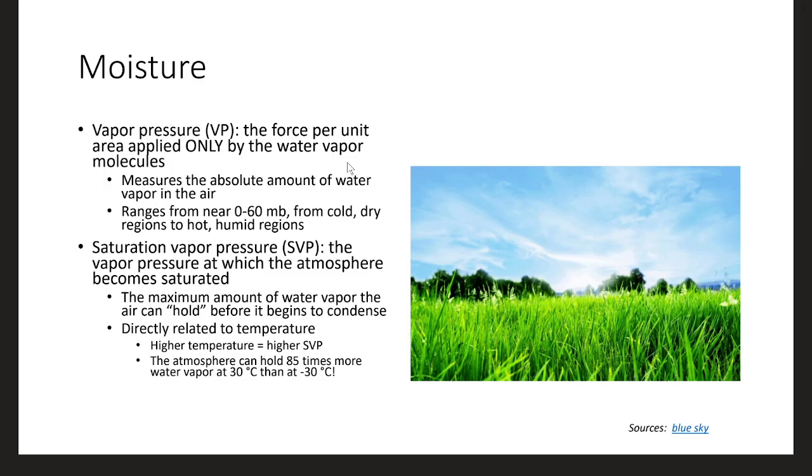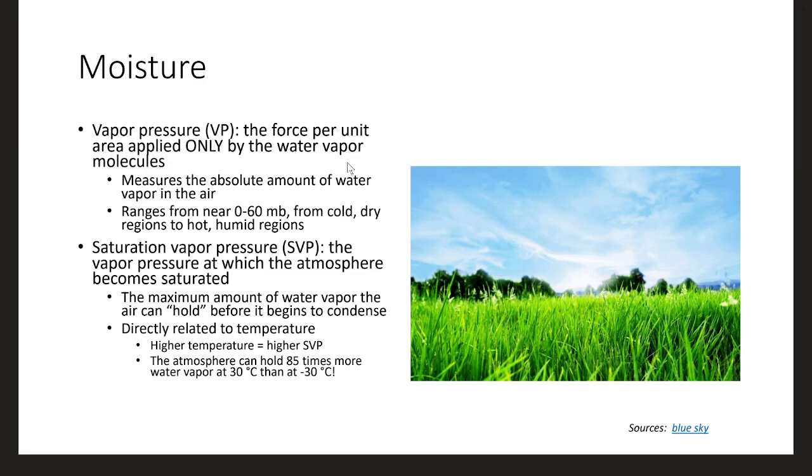Also, vapor pressure doesn't have to be fully saturated. You can have an air mass that isn't fully moist, and that's just the pressure. But whenever you reach the maximum amount of vapor that the atmosphere can hold, once your air column is saturated, that's the saturation vapor pressure.